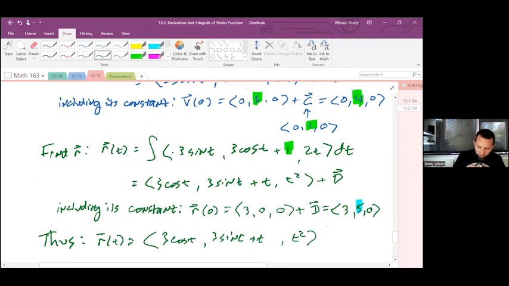But we also have to add in plus 5 to account for the constant of integration for that initial position. So we have found our position function.